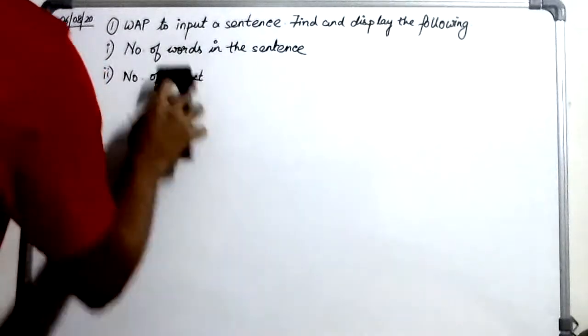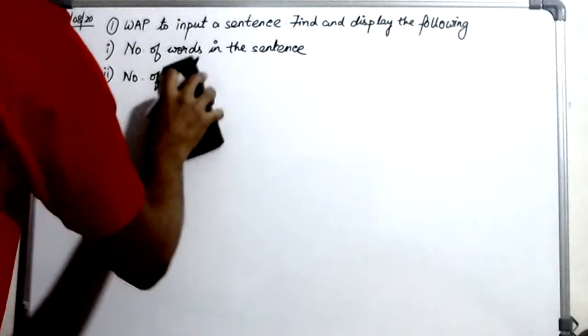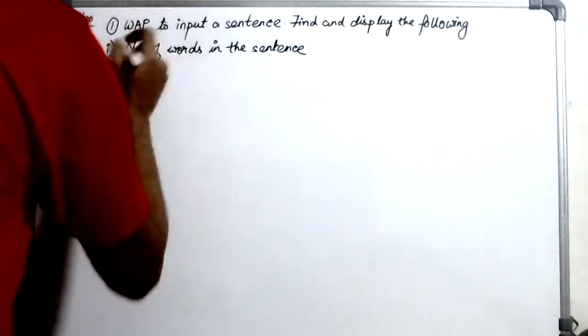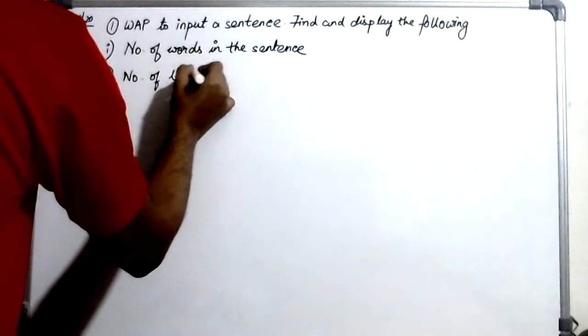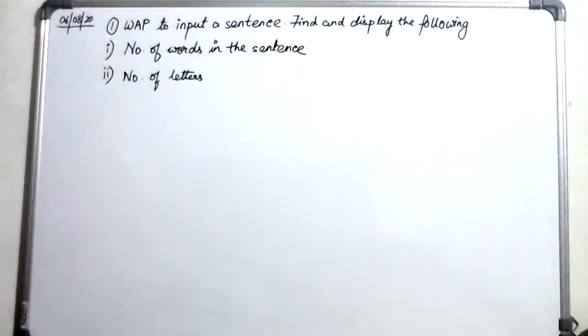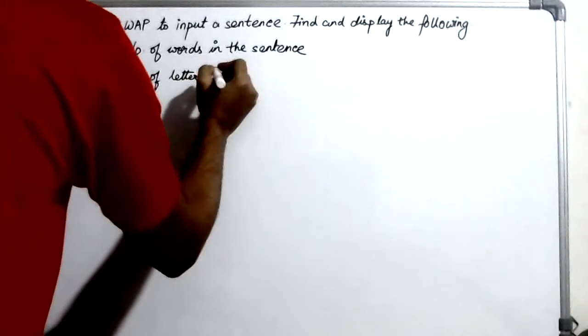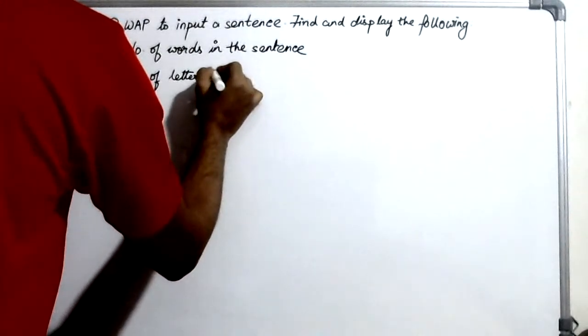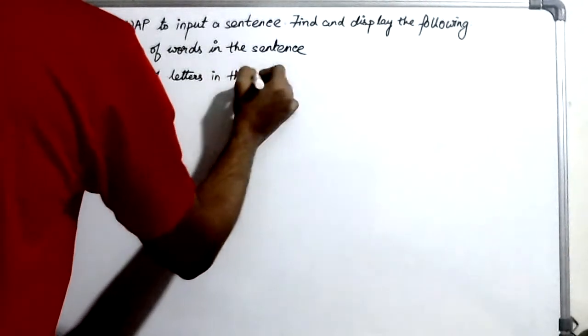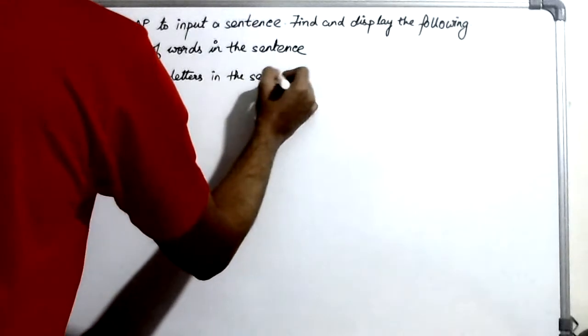Let's say letters, not characters, because white spaces are also characters. So the letters will basically include the letters in the English alphabet. So the number of letters in the sentence.